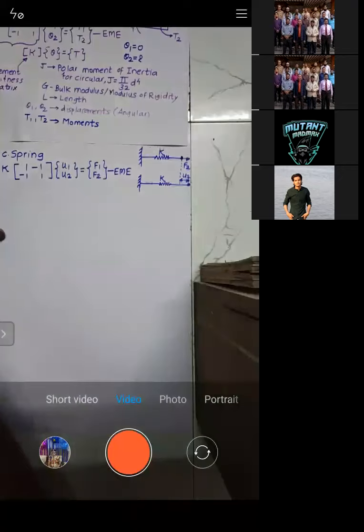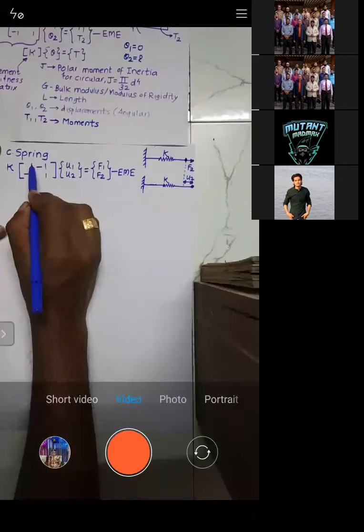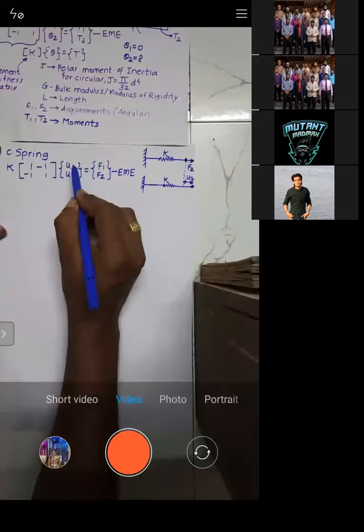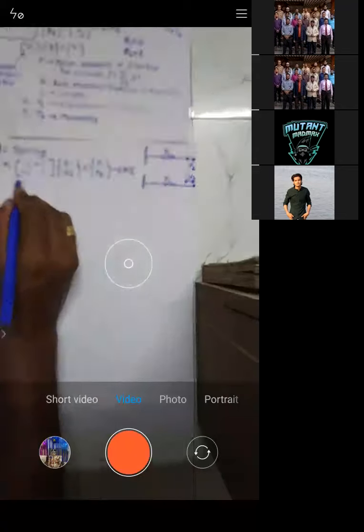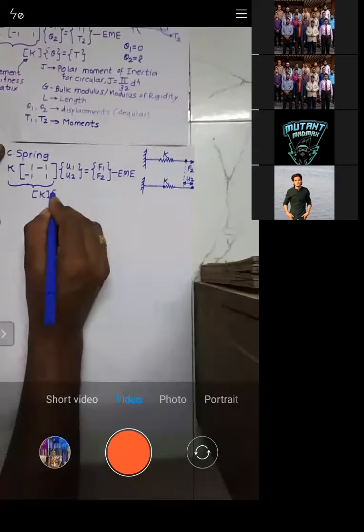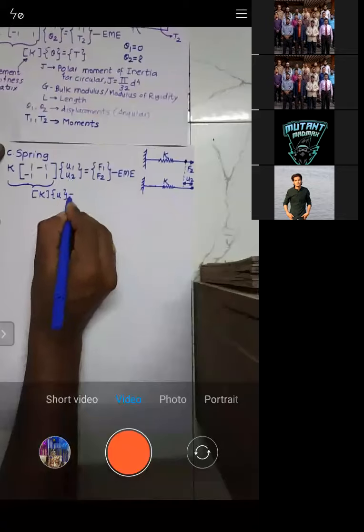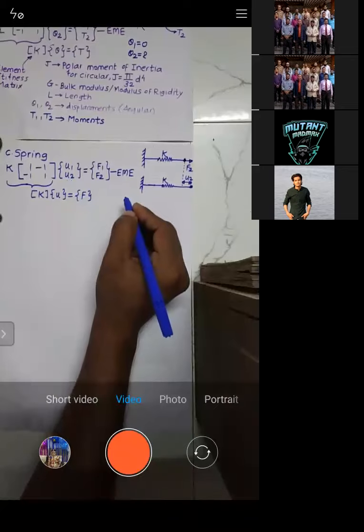How should I calculate? It is by using this formula. K, the stiffness of the spring, multiplied by the matrix [1, -1; -1, 1] into the displacements U1, U2. I will call this entire term the stiffness matrix, into displacement U, is given by force, that is F.